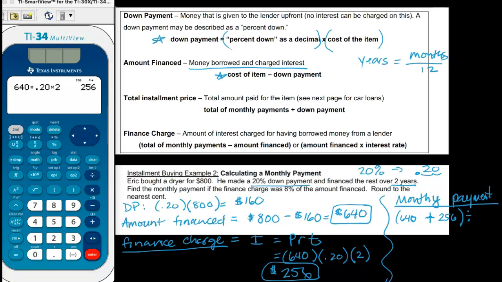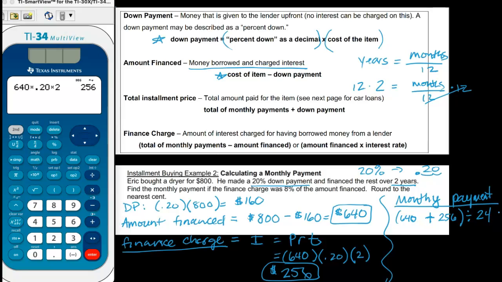Just up here I have years equals months divided by 12. So 2 years is equal to the months divided by 12, so we can just multiply by 12 and we get 24. So we're going to divide by 24.